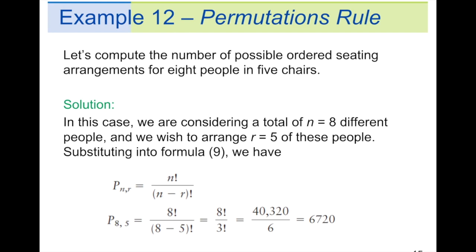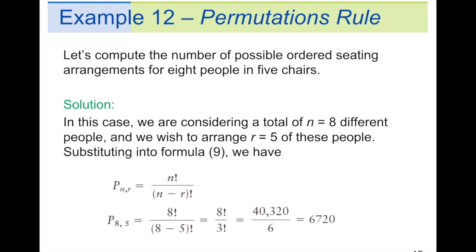So let's compute the number of possible ordered seating arrangements for 8 people and 5 chairs. In this case, we are considering a total of n equals 8 different people, and we wish to arrange r equals 5 of these people. So our total number of people is n, 8, and we want to sit 5 of them.